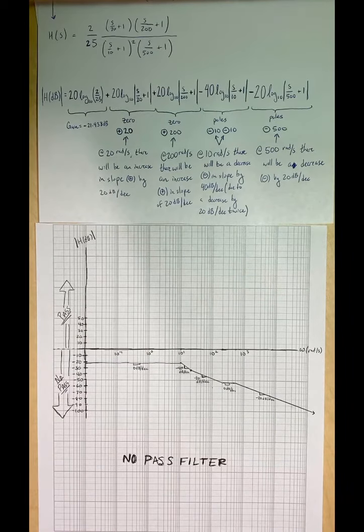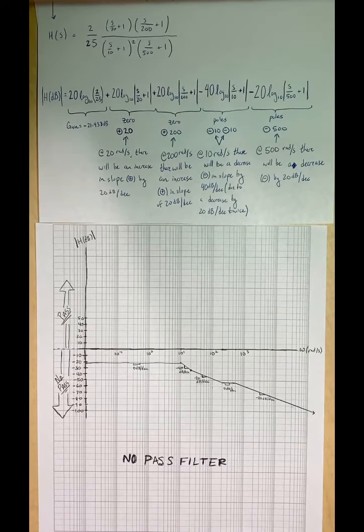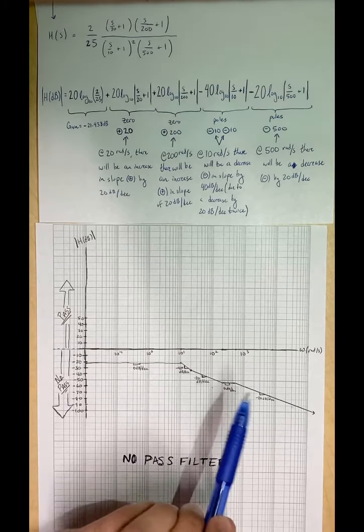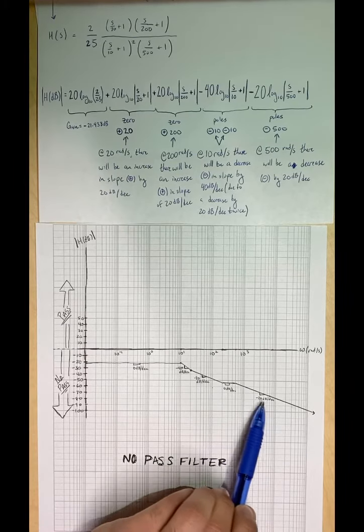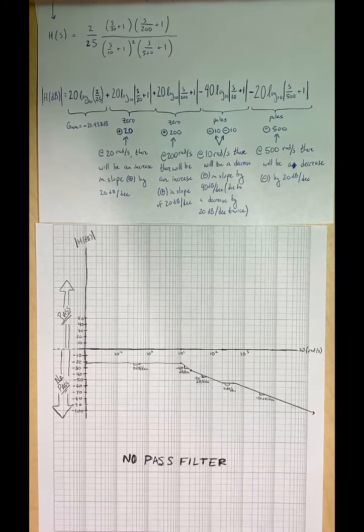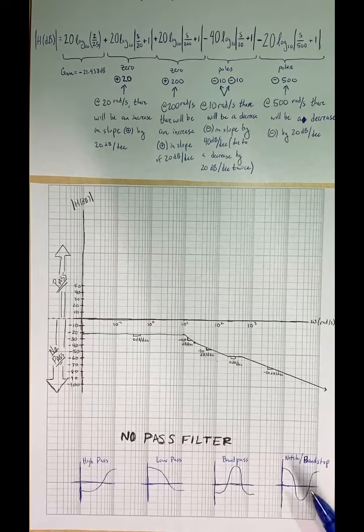That's our final radians per second value, and since it's a pole, we're going to have a decrease of 20 decibels per decade slope. And since it's our last one, it's just going to keep going down at negative 20 decibels per decade forever.